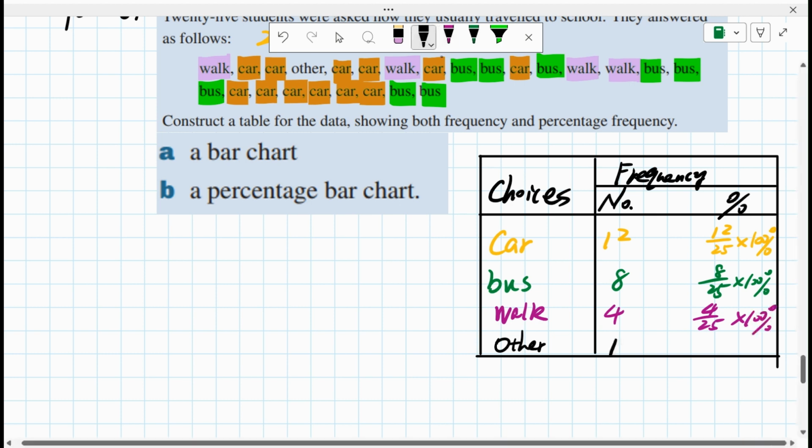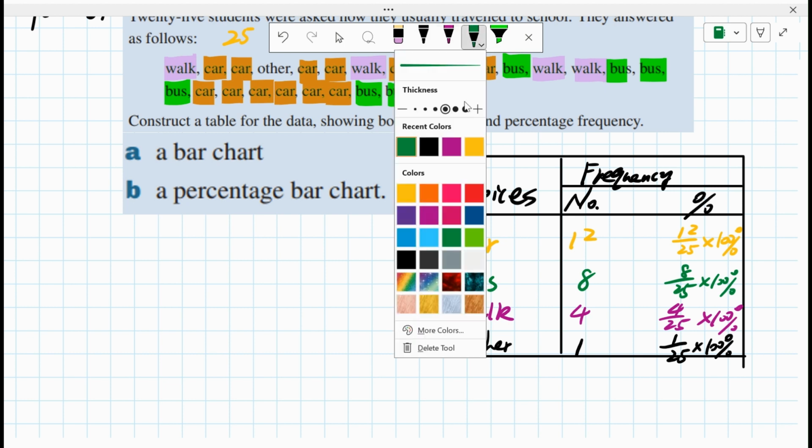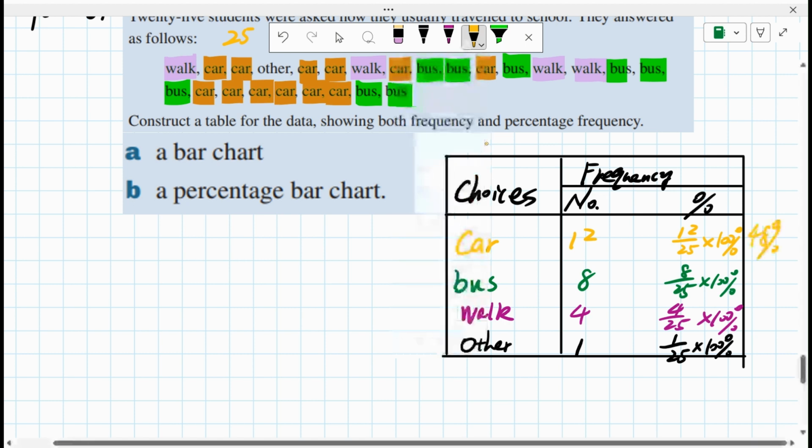So make sure you still have 1 over 25 times 100%. Perfect. Now we're gonna start using the CAS calculator again. So how many students are walking in percentage is 48%. Use the CAS please.